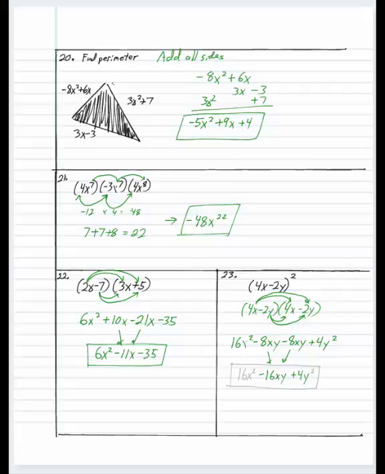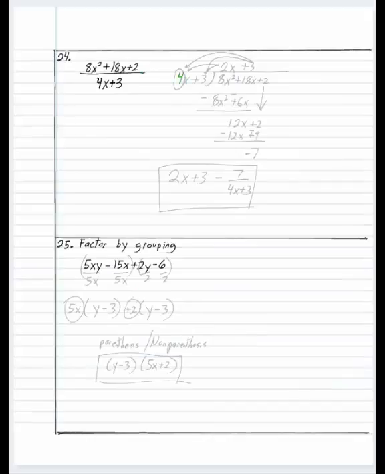Alright, next I'll have 2x multiplied to 4x and to 3. 2x times 4x is 8x squared. 2x times 3 is 6x. I will change the signs, both to negative. 8 and negative 8 go away. 18 minus 6 is 12x. Bring down the next number.